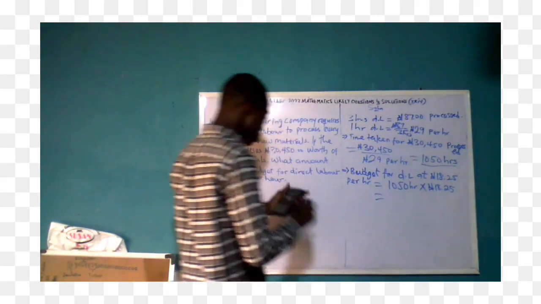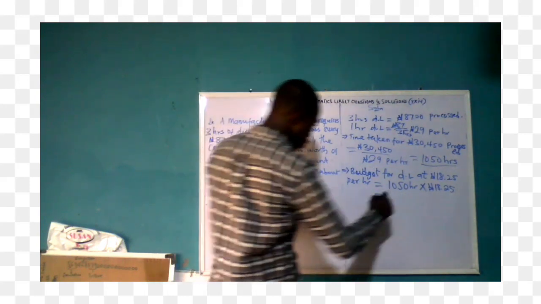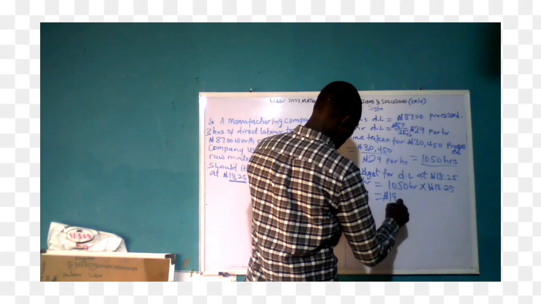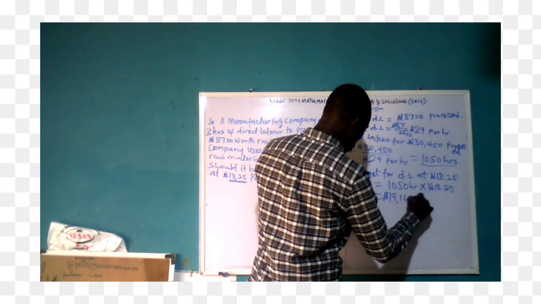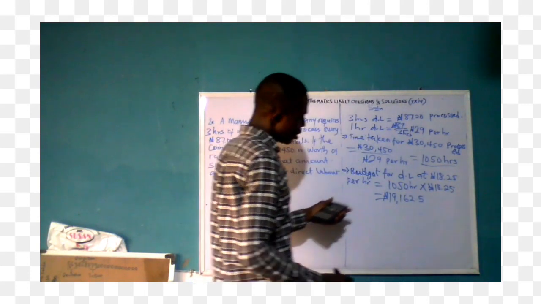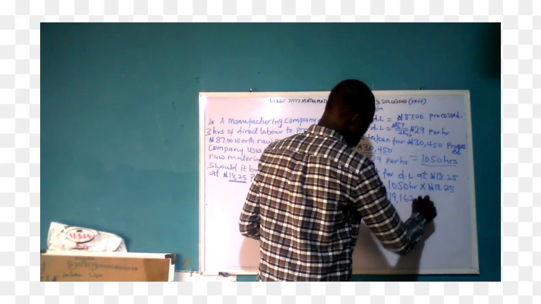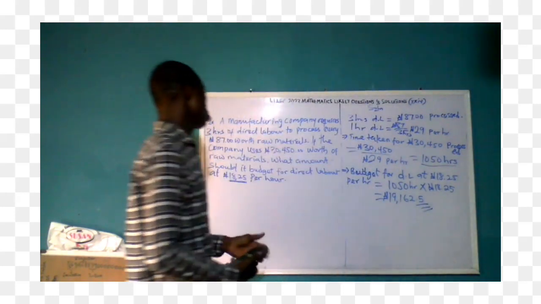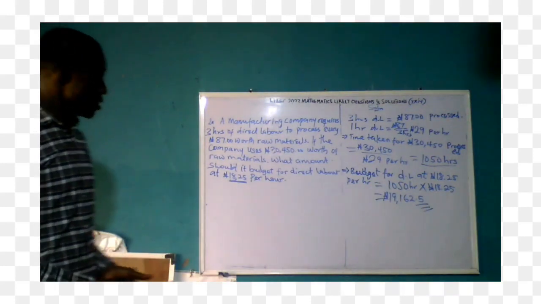If you do your calculation, that will be equal to 19,162.5 naira, that is 19,162 naira 5 kobo. That's the amount it will cost them to process this raw material. All right, that's the final answer.